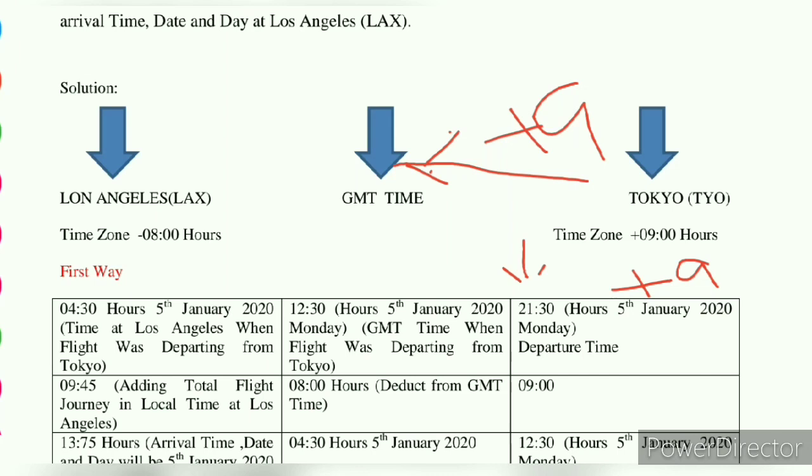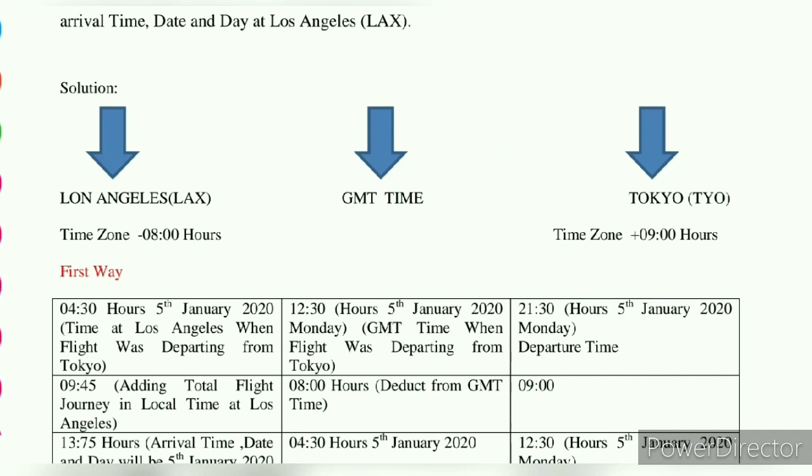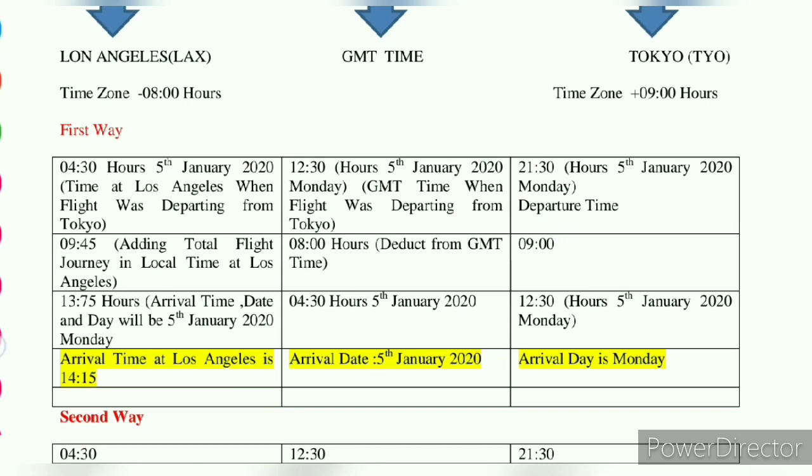If we want to find out the time at the GMT location, that is also London, we have to go back 9 hours because GMT time will be less than Tokyo. From the departure time, if we deduct 9 hours, we will find the GMT time, that will be 12 hours 30 minutes, and even the date will be the same because we are just going back 9 hours. Even the day will be the same, Monday.